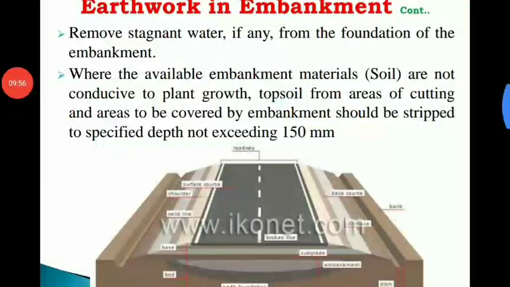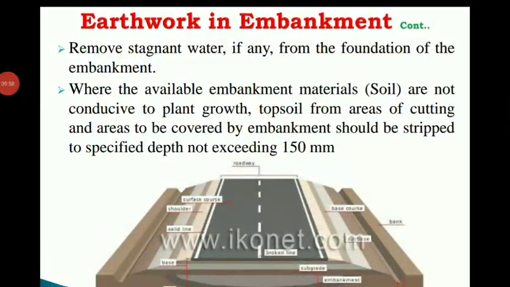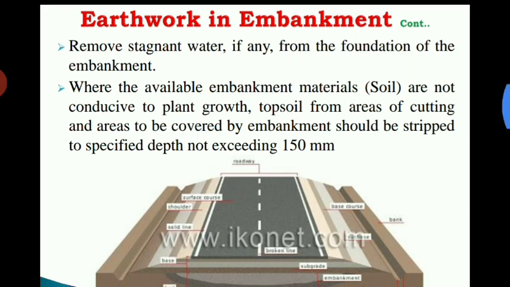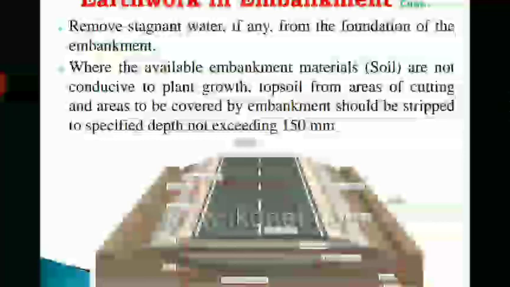And here, the available material such as soil which is not conducive to plant growth. In some cases, the topsoil from the areas of cutting and areas to be covered by the embankment should be stripped to a specified depth, not exceeding 150 mm, right?